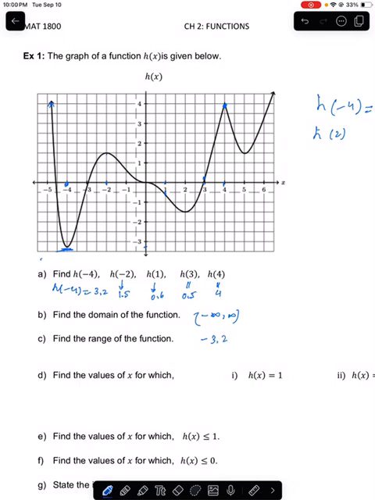Okay, so the next problem is asking find the values of x for which h of x is equal to 1. So h of x is the y value. So it's saying when the y value is 1, what are the x values? So which x values map onto 1?